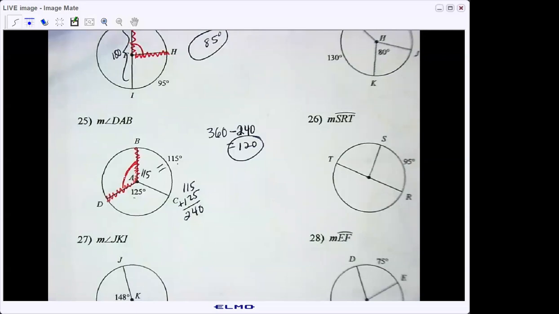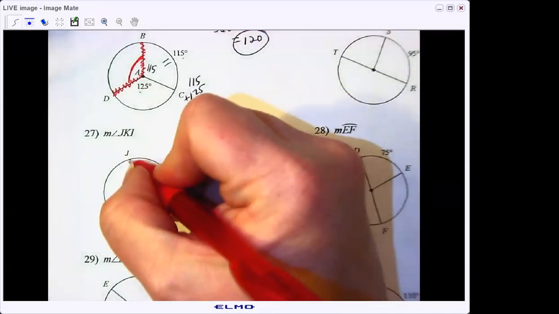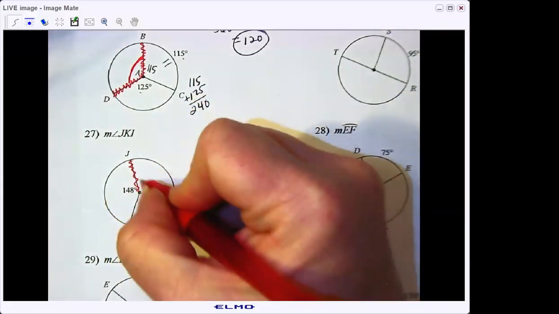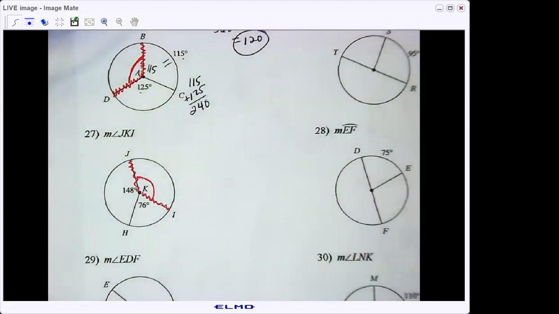Okay, so number 27, angle JKI, J to K to I. Looking for an angle. This one right here. Same idea that we just did. Go ahead, put your answer in the chat box. I'm not going to give you a lot of time because it's the same thing we just did.